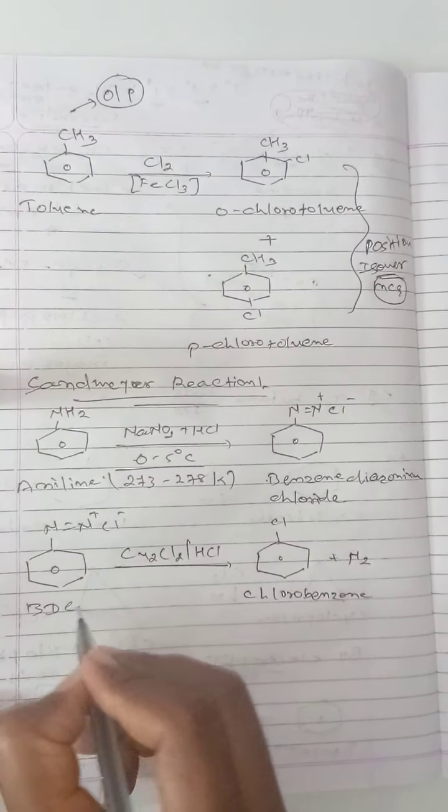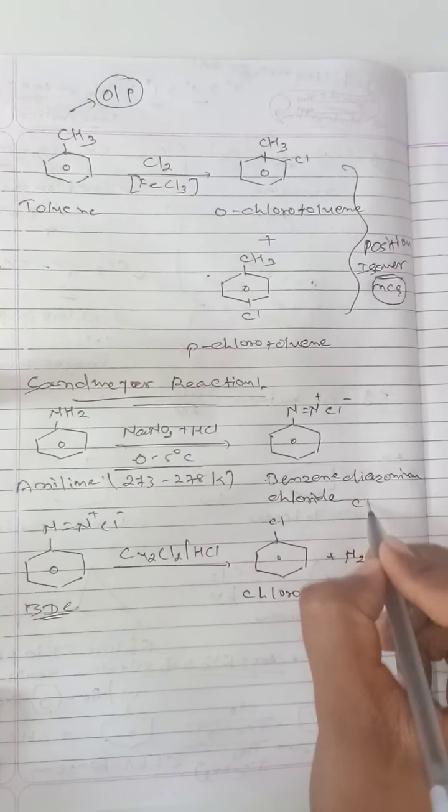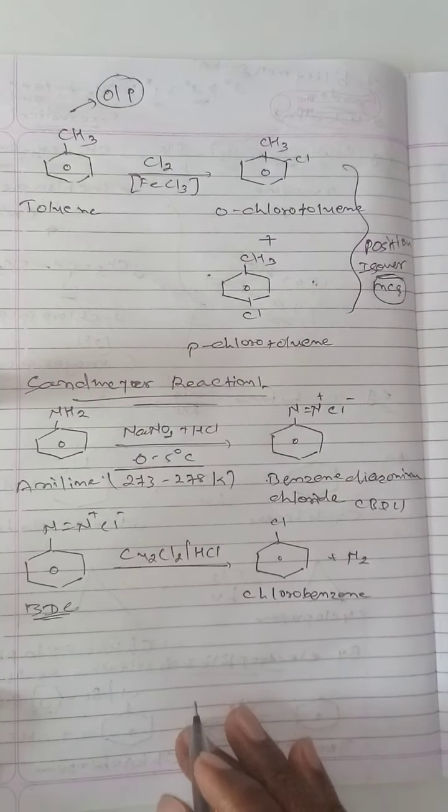In short, we can write BDC for benzene diazonium chloride.